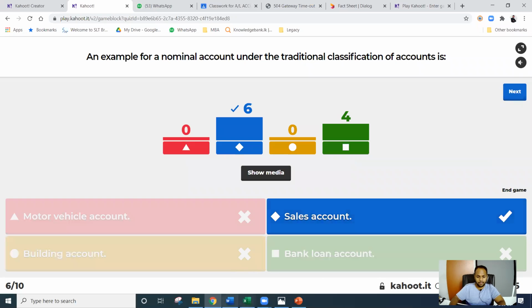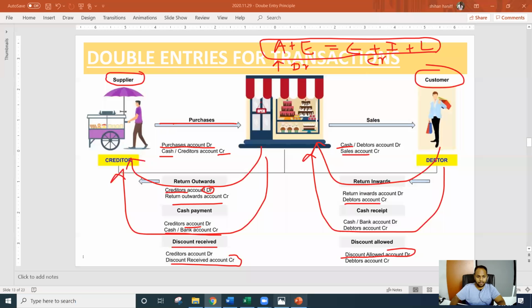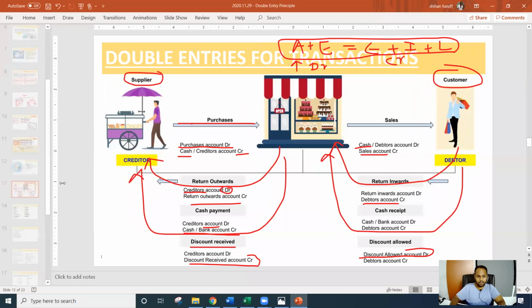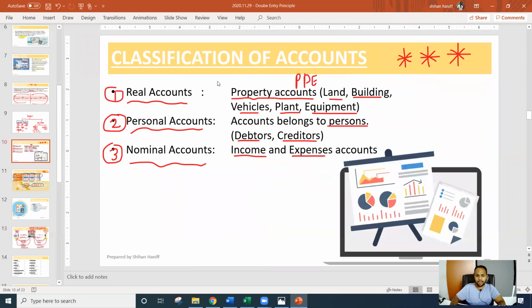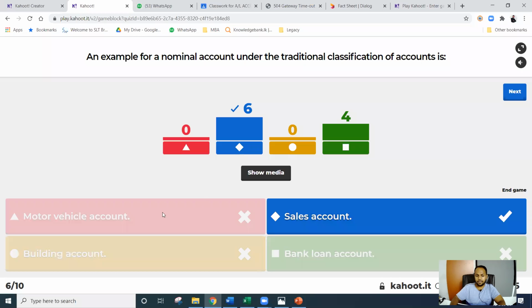So if you can revise our note, here there are three types of accounts: real account, personal account, nominal accounts. The nominal account means income and expenses. Okay, so the sales account is the nominal account, not the bank loan. Bank loan is a liability account. So we don't take liability.